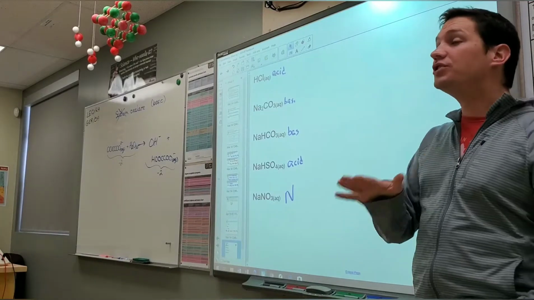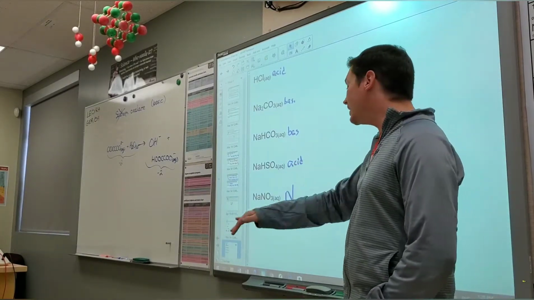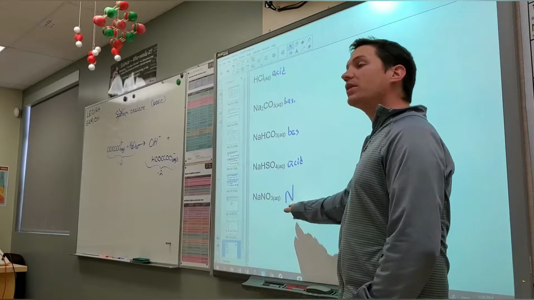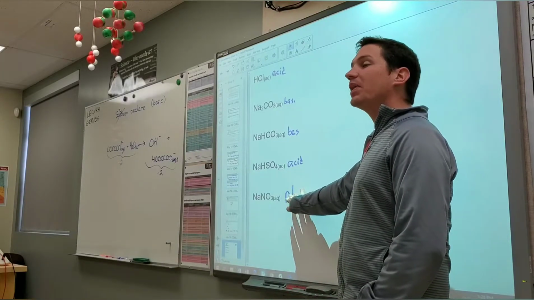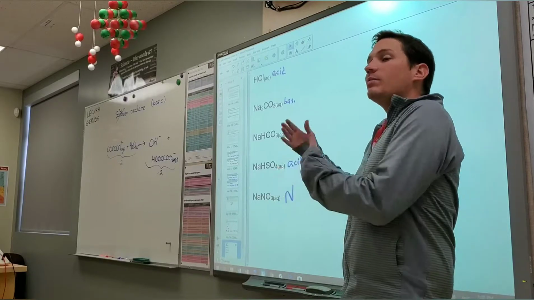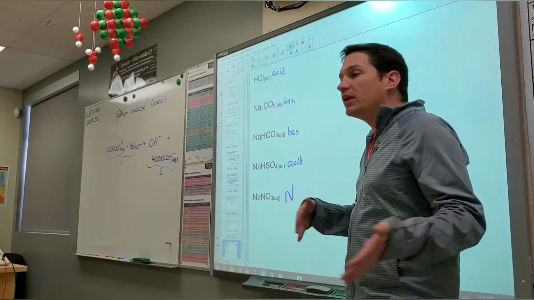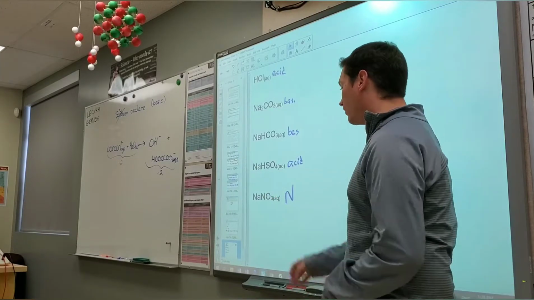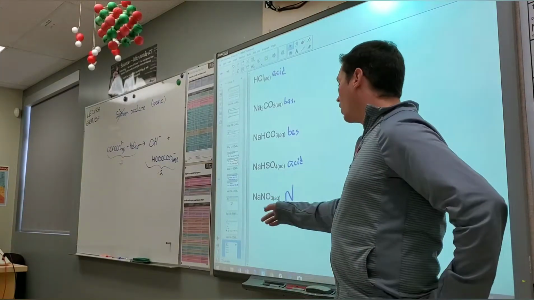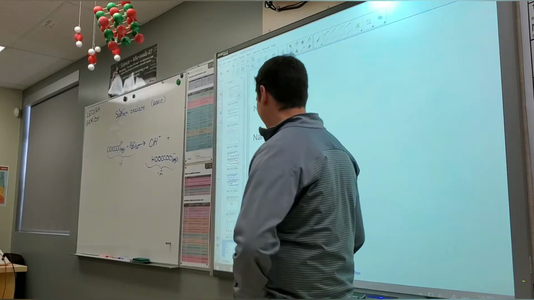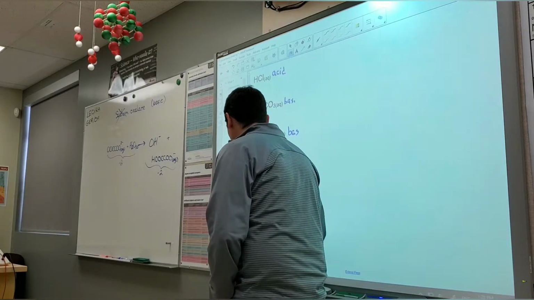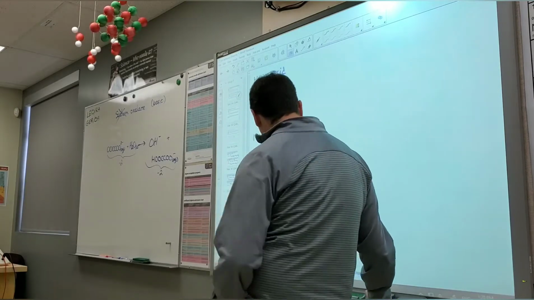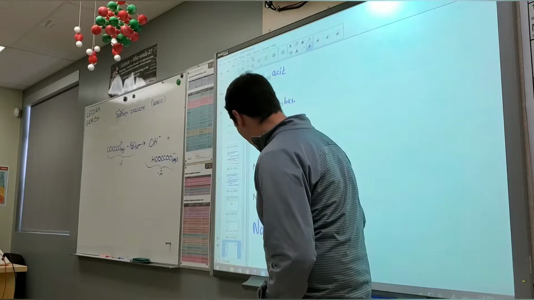So you don't need a reaction for the last one, because it doesn't make hydroxide and it doesn't make hydronium, so there's no reaction that you need to write. Okay? What about sodium hydroxide? Sodium hydroxide is basic. Are we all right? Yeah, it's basic.